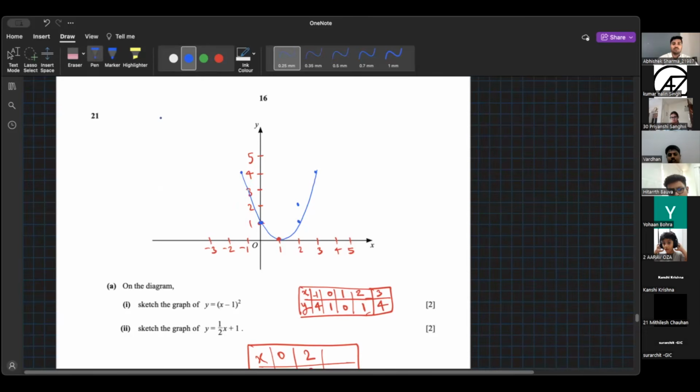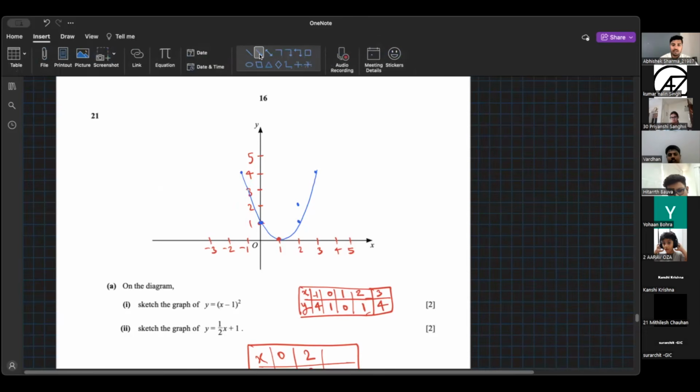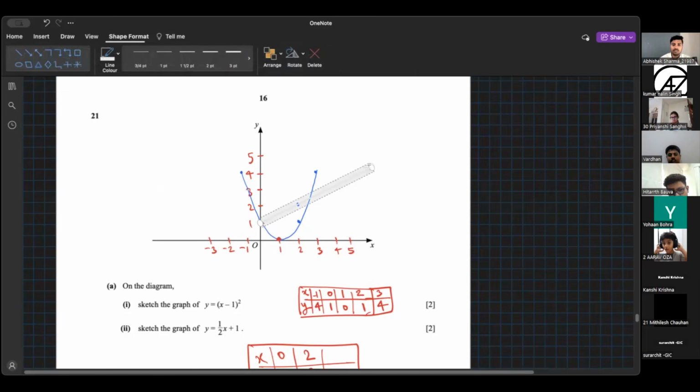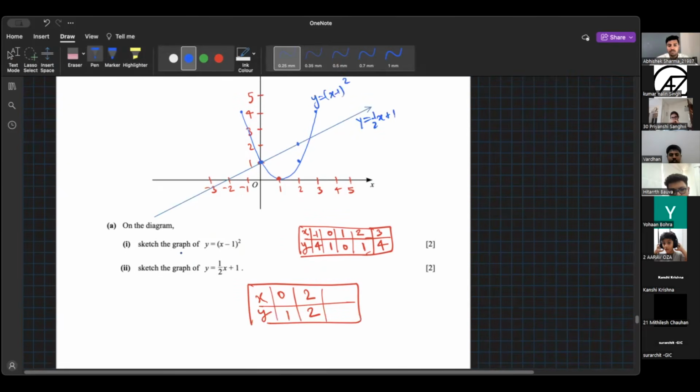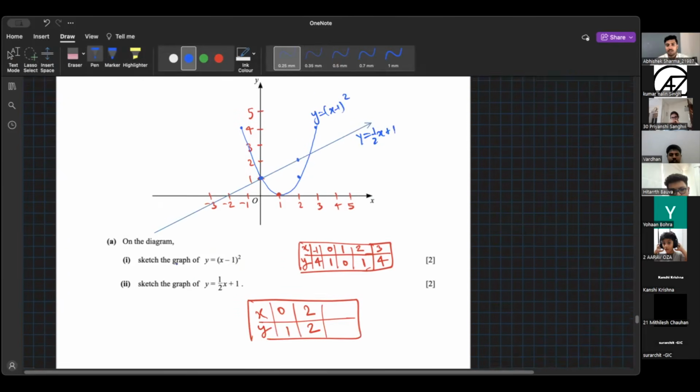Then you extend the line like this. So this is the line for y equals half x plus 1, and this is the curve for y equals x minus 1 the whole square. We are done with part A.